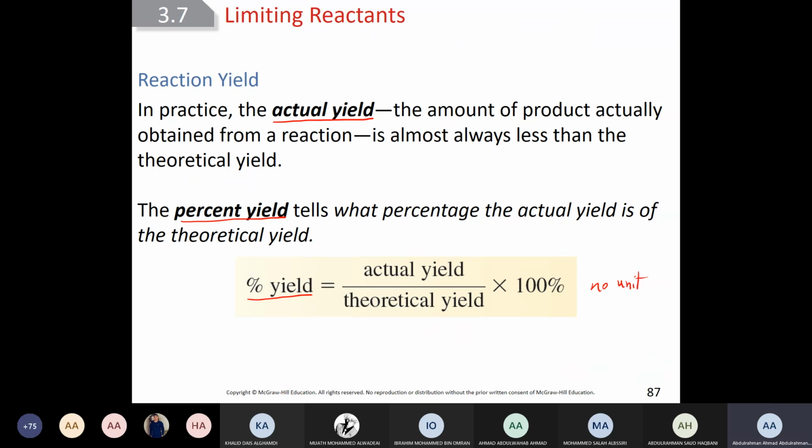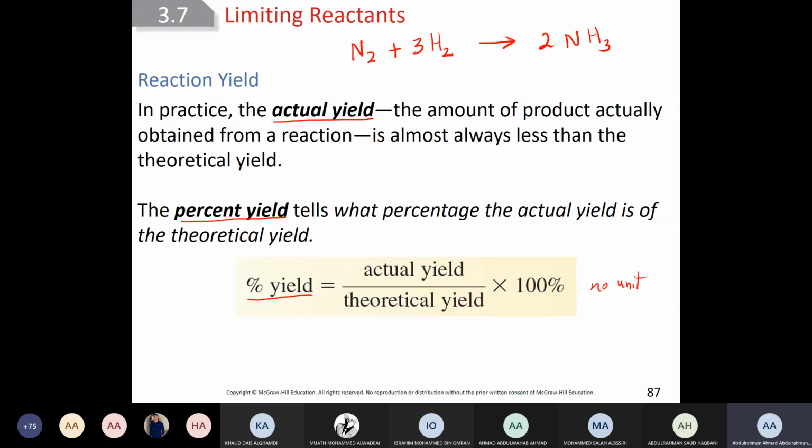Okay, good. Let's do one more experiment. Let's say that N2 plus 3H2 gives you 2 NH3. And if I tell you here, I can put grams, but this time I will put moles.